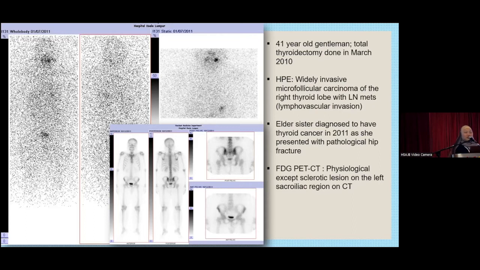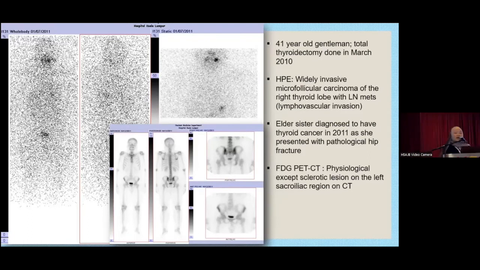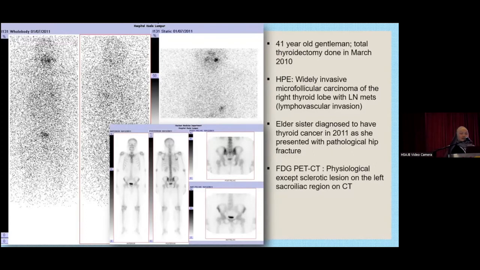It occurs somewhere in 2011, as you can see in this image. There's a 40-year-old gentleman, he's a surgeon. He had a total thyroidectomy done in March 2010, and it shows a widely invasive microfollicular carcinoma of the right thyroid lobe with lymph node metastases.